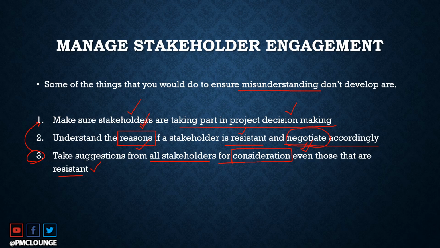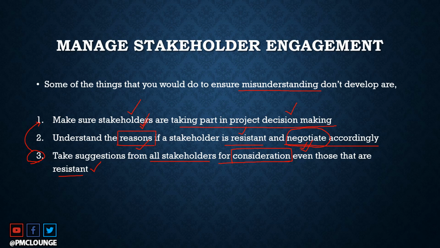Even if there is someone who is a resistant stakeholder, who you consider a negative stakeholder for your project, you should seek their suggestions and take them up for consideration. You should not ignore them. And God knows, if you take their suggestions for consideration, maybe just because of this effort that you have put in, they become less resistant, right?